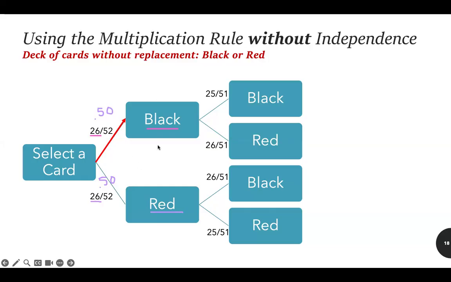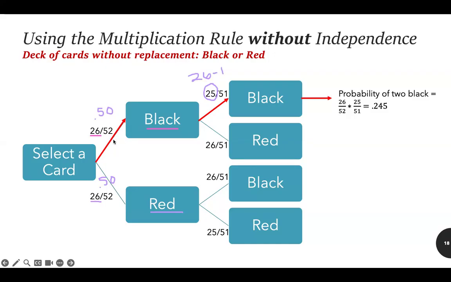Now, let's say that we do get a black card the first time. The probability the first time that we would get a black card was this 0.50. But we didn't replace it. So now the probability of getting a black card has gone down, both for the number of black cards that are left, because we have 26 minus 1, because we took out a black card, right?